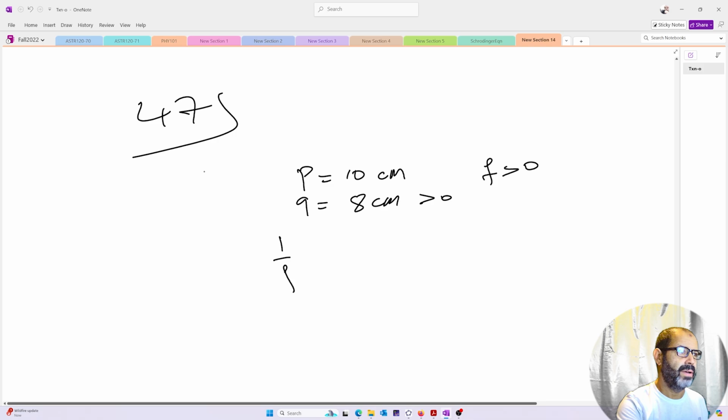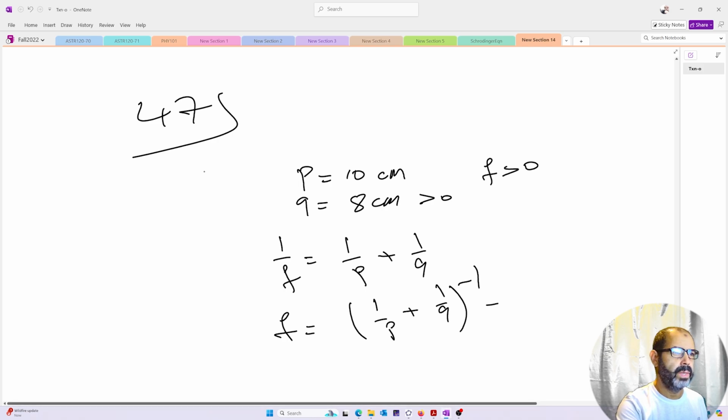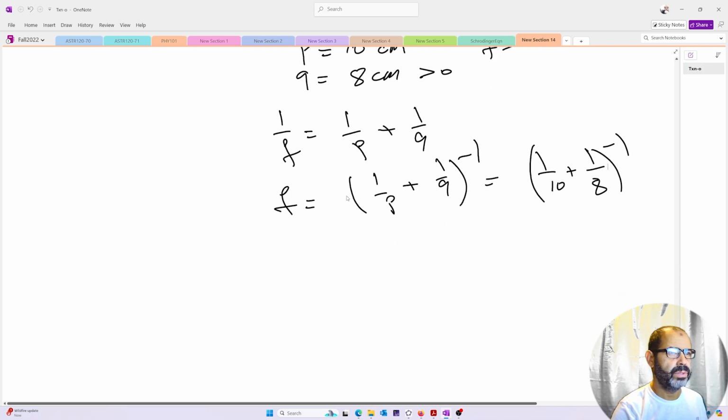So first of all, F, which is 1 over P plus 1 over Q. So that means F is just the inverse of this number. Obviously, P is 10, Q is 8, inverted. The common denominator is 40, okay?